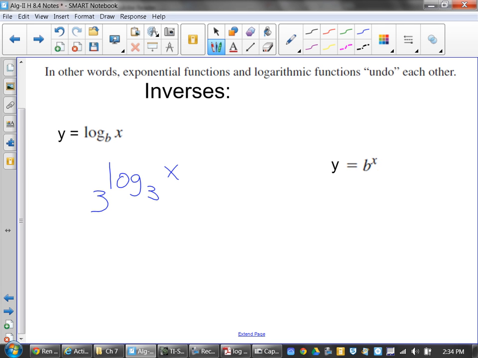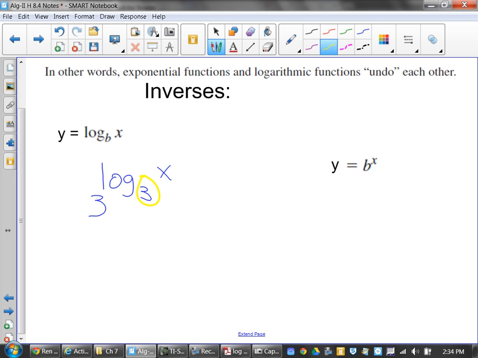Now, right here, to start out with, this was a log base 3. Do you agree? Okay. Now, the 3 here is its own base with an exponent that has the same base. You see that? So it's 3 to the log base 3 of x. It undoes the log.